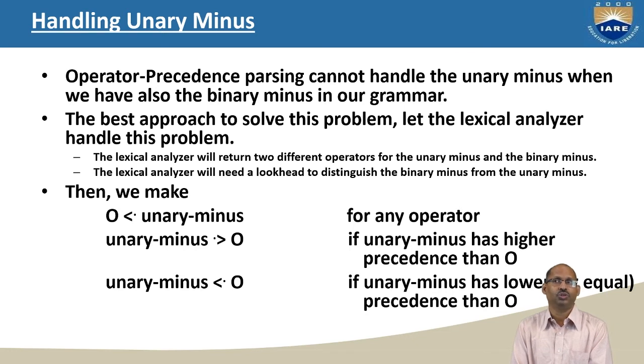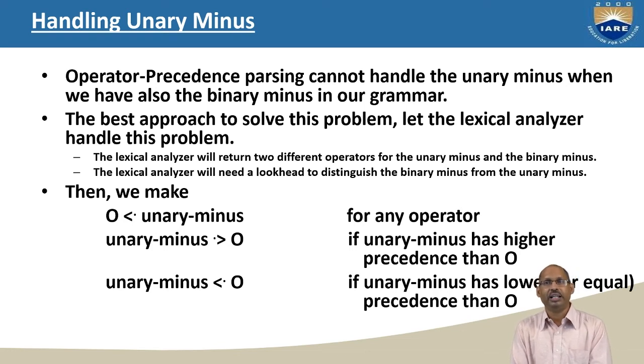The best approach to solve this problem is to let the lexical analyzer handle it. While constructing the tokens, it will group the binary minus with two operands and the unary minus with one operand, so that this problem will be resolved.